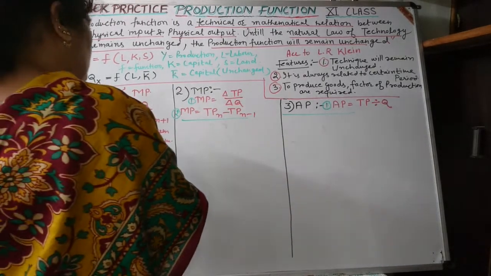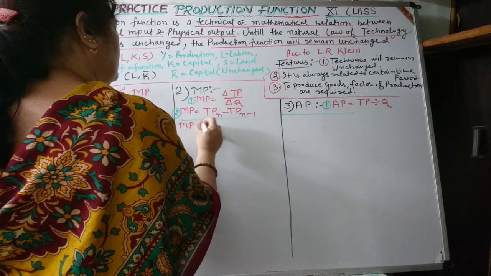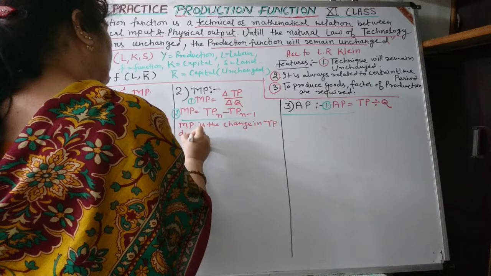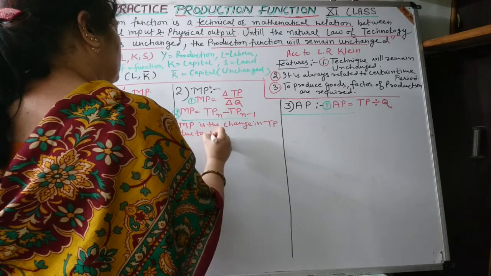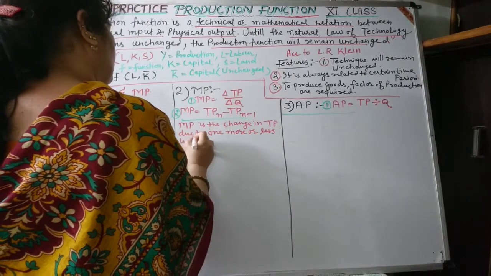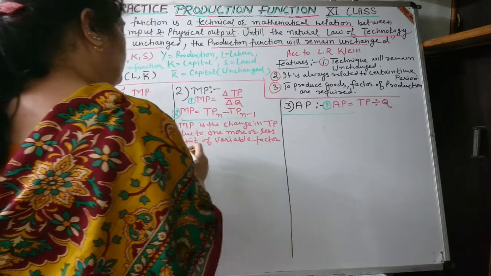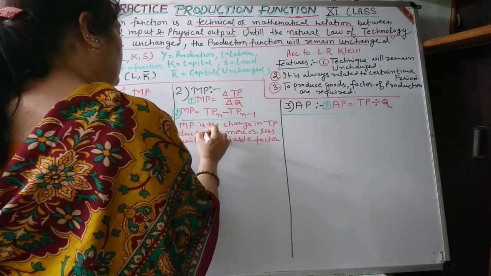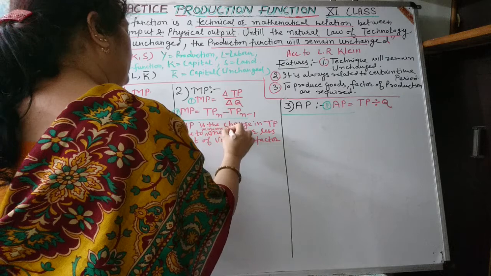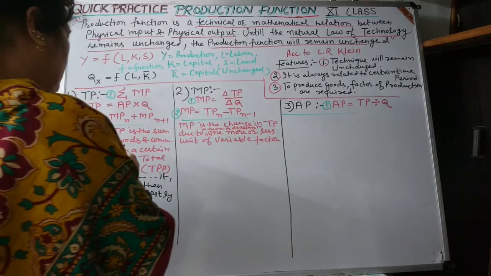And now what is meant by marginal production? Marginal production is the change in total production due to increase or decrease in one more or less unit of variable factor.